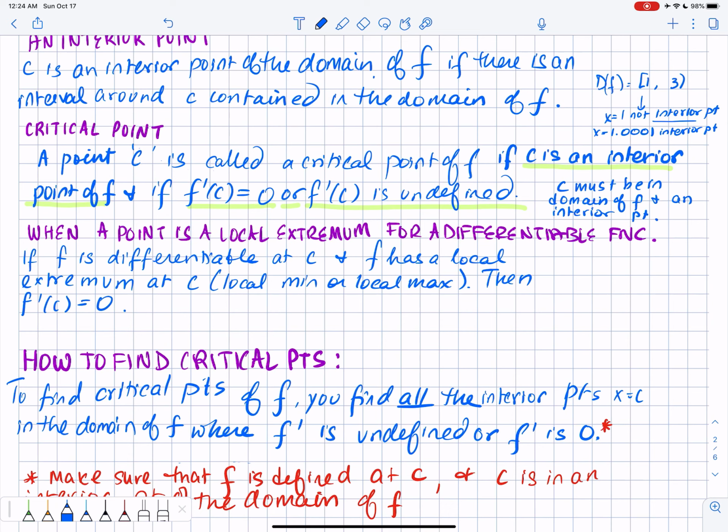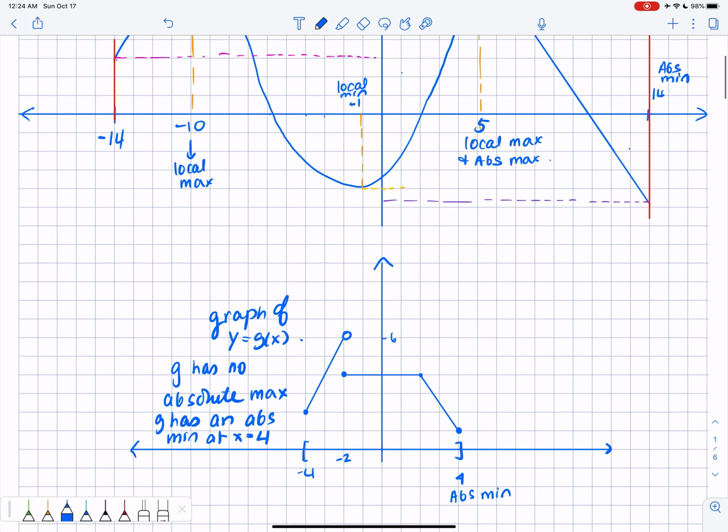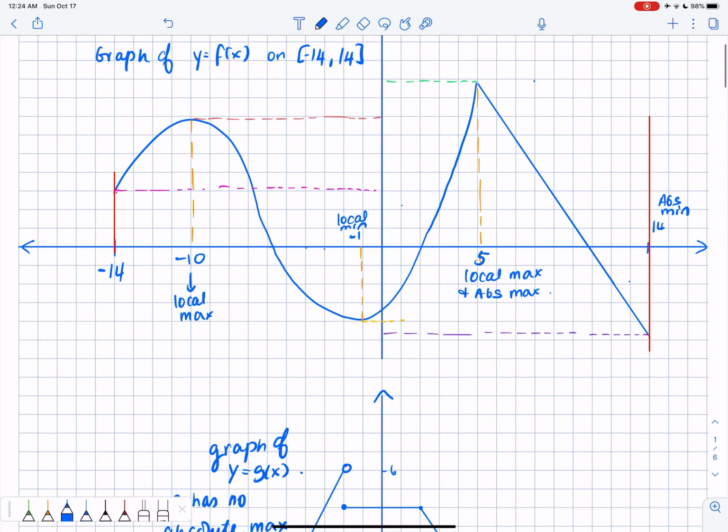Okay, and then when you have a function, a point will be a local extremum. So like we saw over there, -10 or -1 or 5, these are all local extremum.